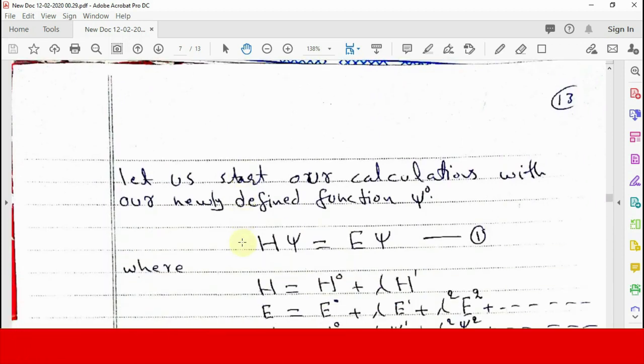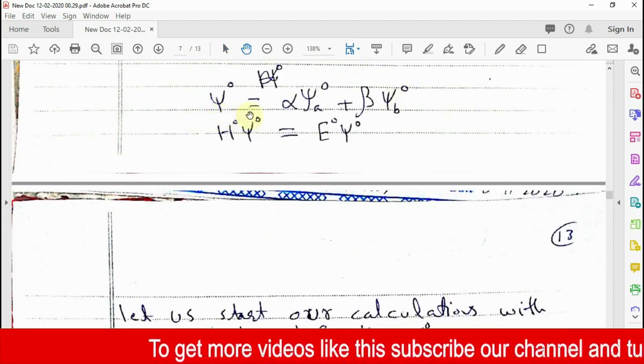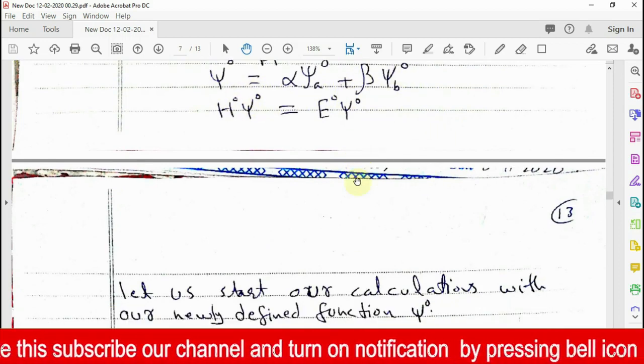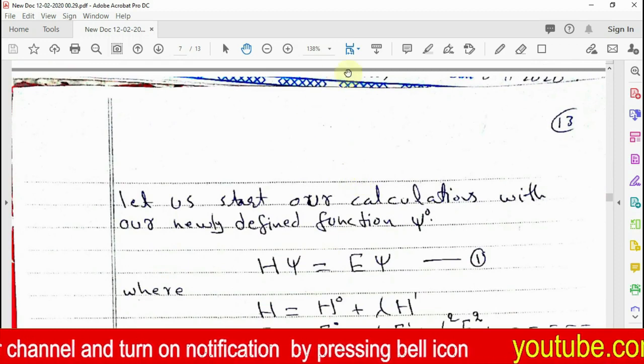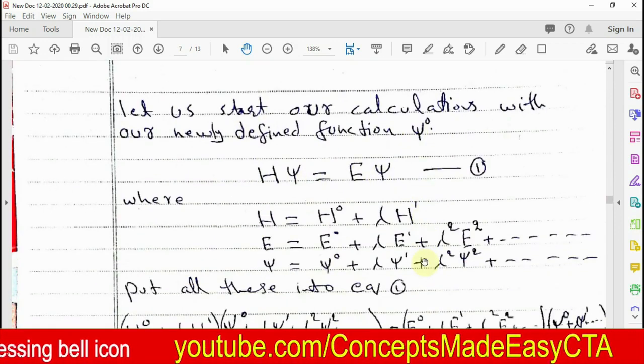Let us start our calculation with our newly defined function psi naught. H times psi is equal to E times psi.